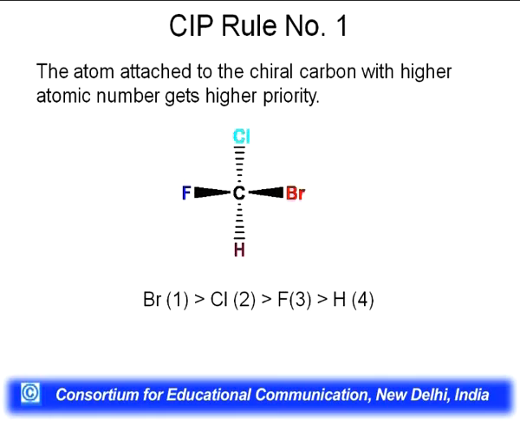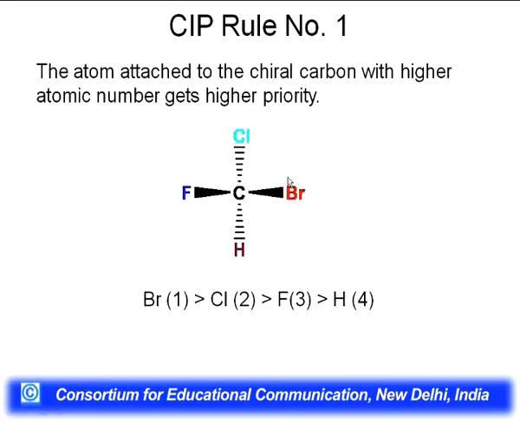So, what is the order of priority in this case? First of all, we should know the atomic number of the atoms attached to the chiral carbon. Bromine is having the highest atomic number, then chlorine, then fluorine and then hydrogen. So, the 4 groups which are attached, we give the priorities on the basis of their atomic number.